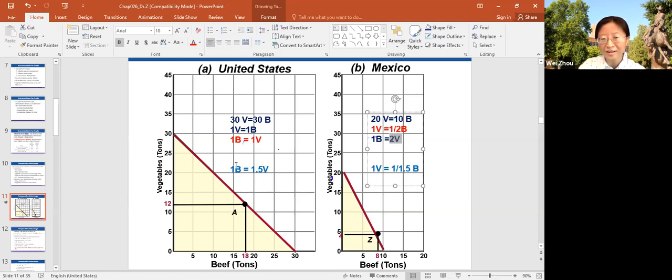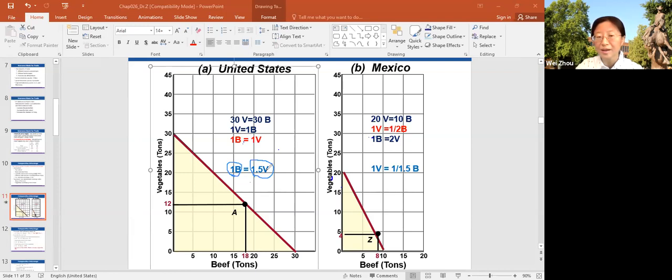So let's take a look at the US. In total, how many beef are you going to produce? If you use all the resources to produce beef, 30 beef. I'm going to sell my beef to the Mexicans, and the Mexicans need to pay one and a half vegetables.